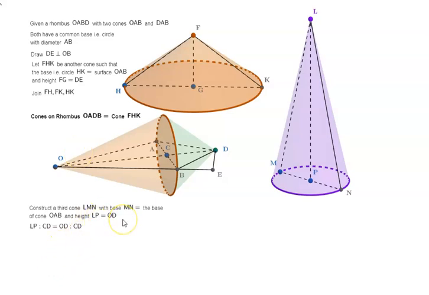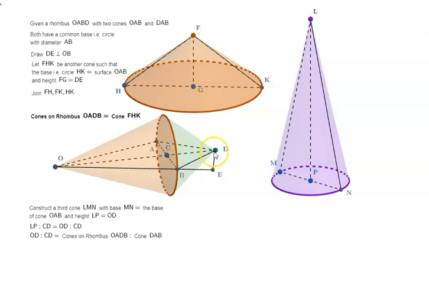Since LP is equal to OD, let's set up a proportionality of these two with CD, a common magnitude. LP is to CD as OD is to CD.